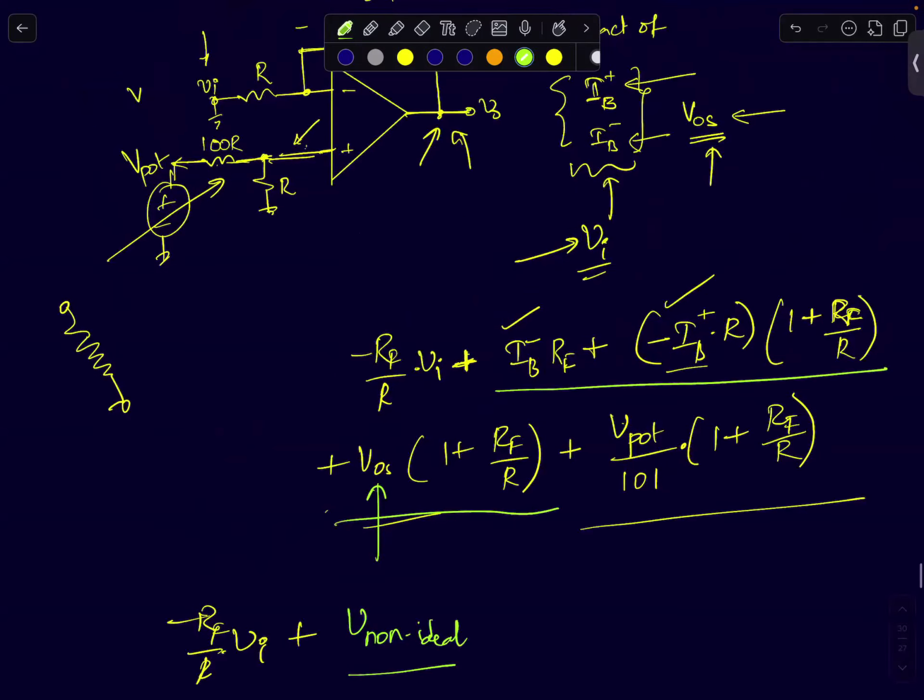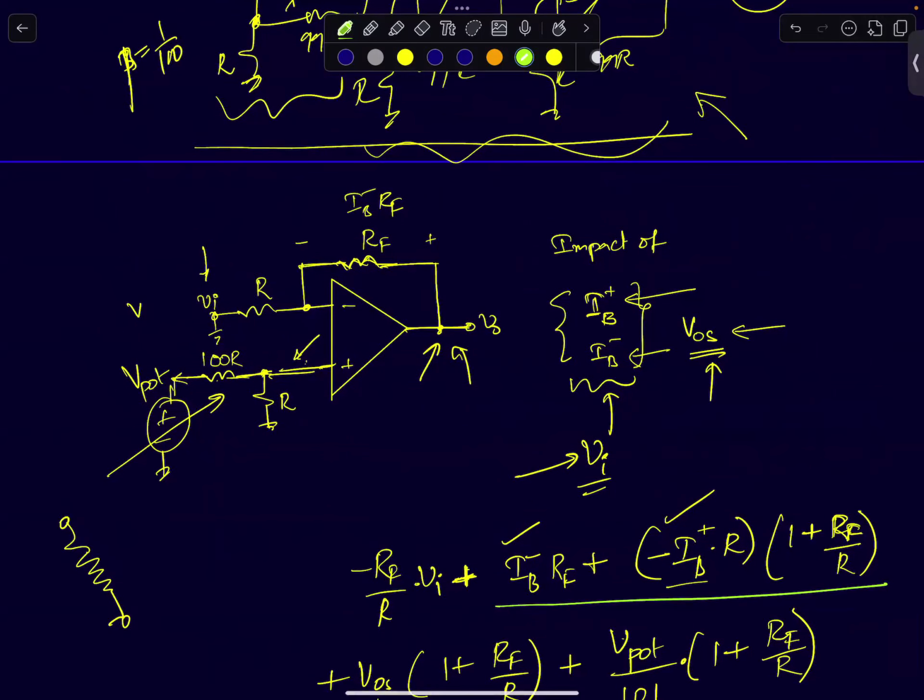So one of you was asking me, can I model V offset at the negative terminal? No, the impact should not be different. It should be the same. It just makes the analysis complicated. The goal is that whenever you are modeling input offset voltage, it just means that V plus and V minus are not exactly at the same voltage when the output goes to 0.